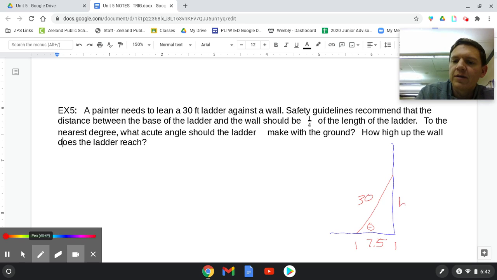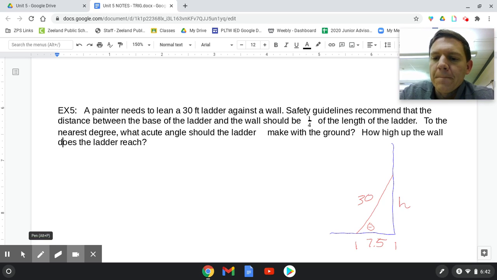We'll do height in a second with the Pythagorean theorem. But first, let's figure out theta. So I have the hypotenuse, and is 7.5 adjacent, or is it opposite? It's actually touching the theta, so that would be the adjacent, not the opposite. So which trig function relates adjacent and hypotenuse?